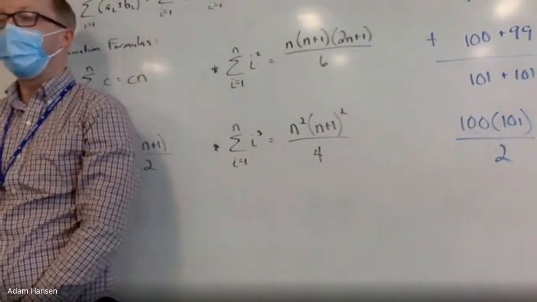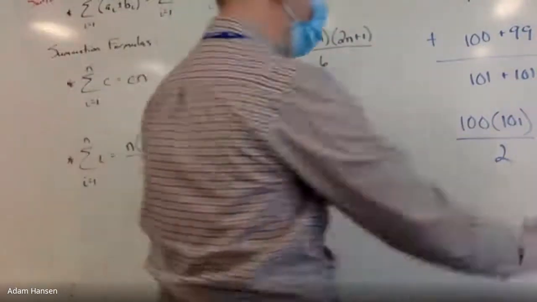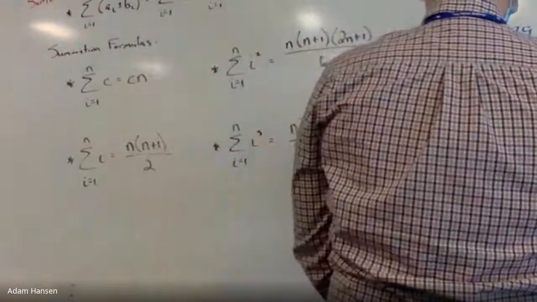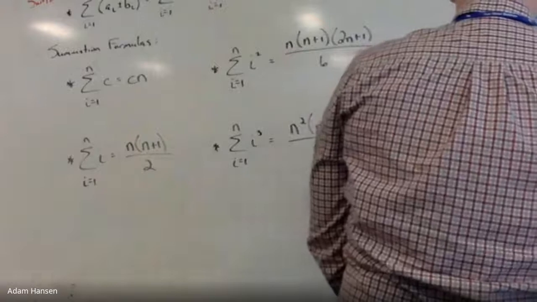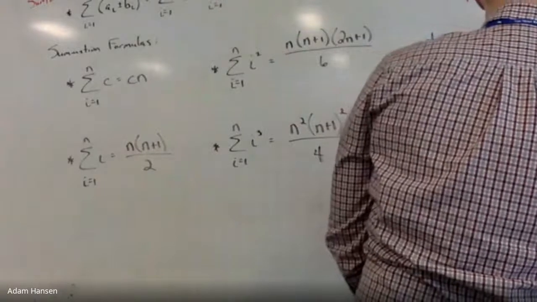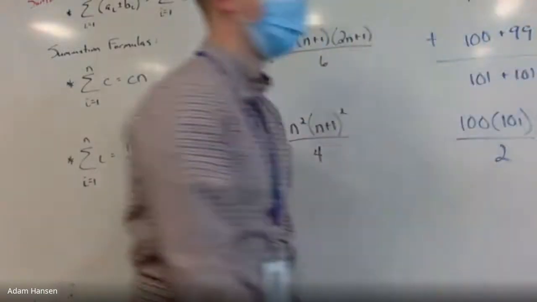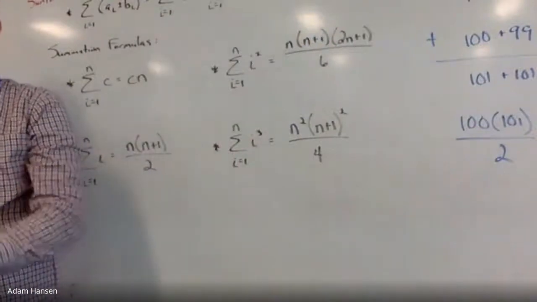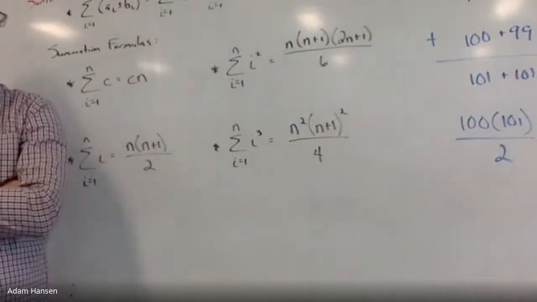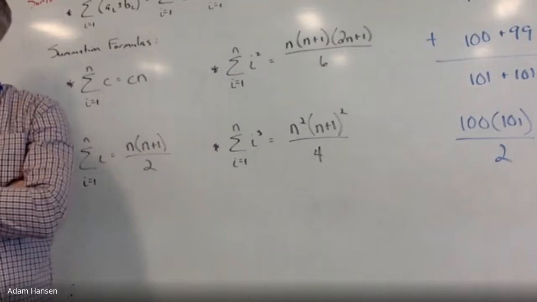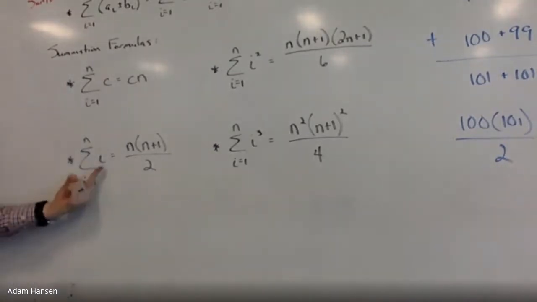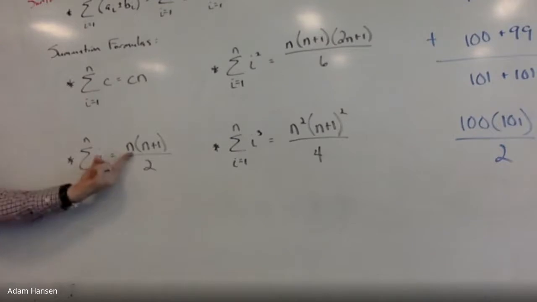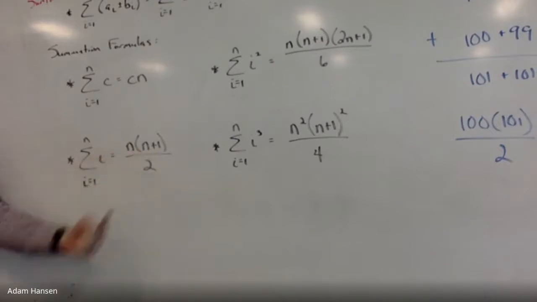Within about 30 seconds, he had the final answer of, let's see, 10,100 divided by 2, which is 5,050. At about 9 or 10 years old, he had that figured out. The summation of the first 100 integers is 100 times 101 divided by 2.